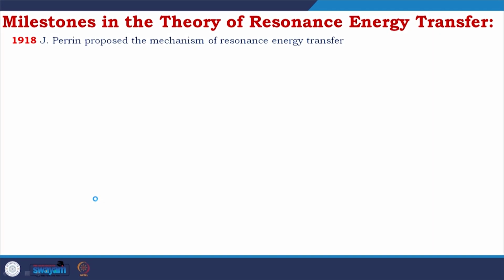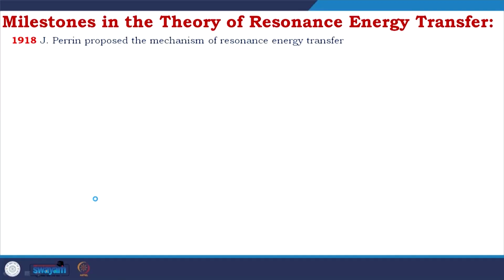FRET is a very interesting concept, and a lot of background research has developed. In 1918, J. Perrin proposed the mechanism of resonance energy transfer. By the way, to give your memory a little refresher, if you remember the nuclear Overhauser effect, here also we are tracking if two hydrogens are interacting or not.